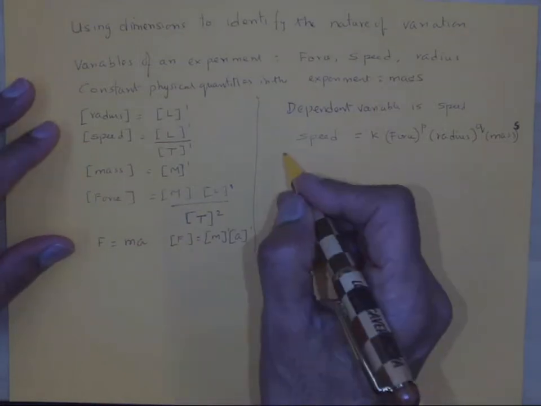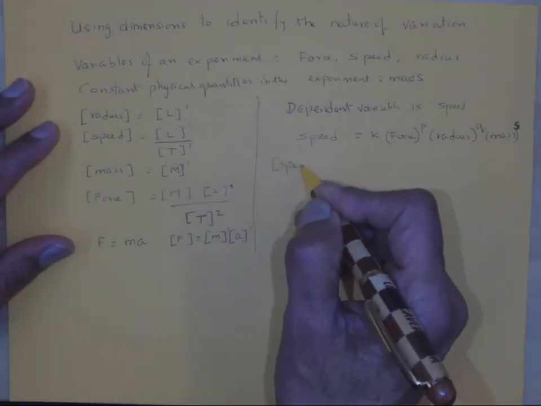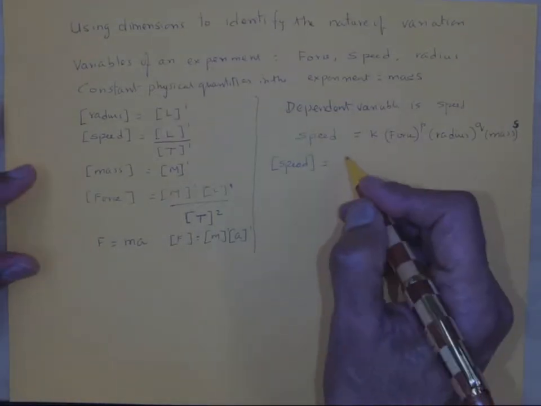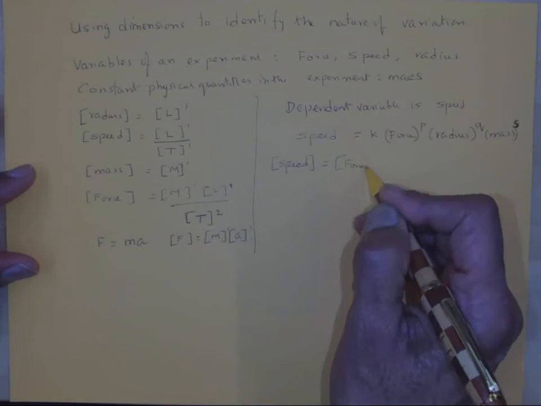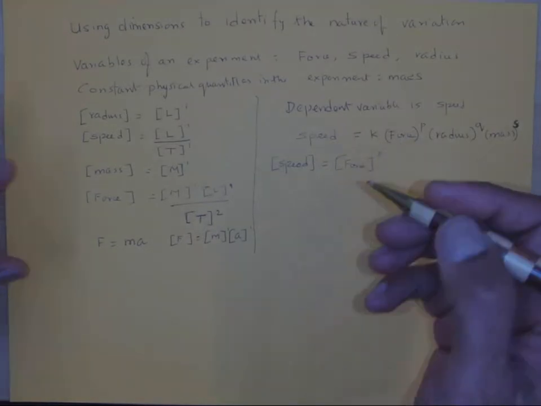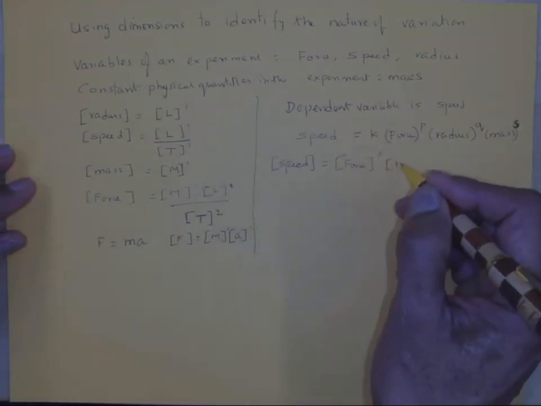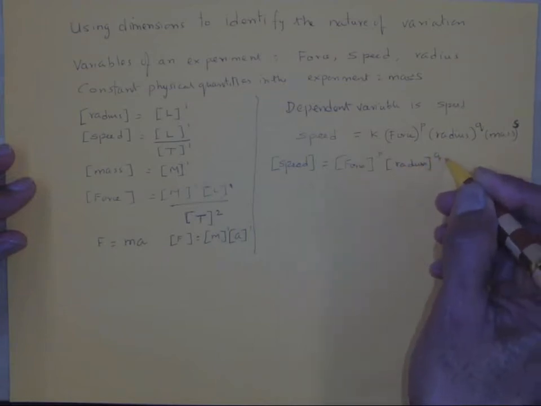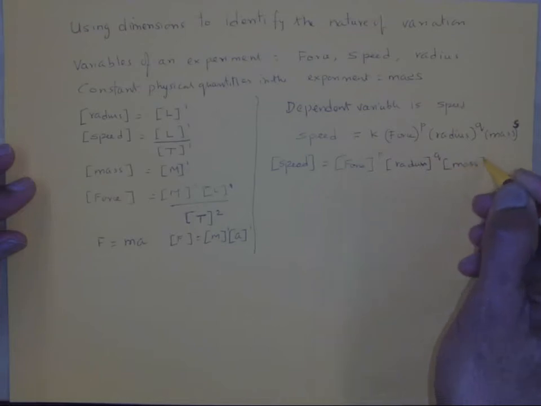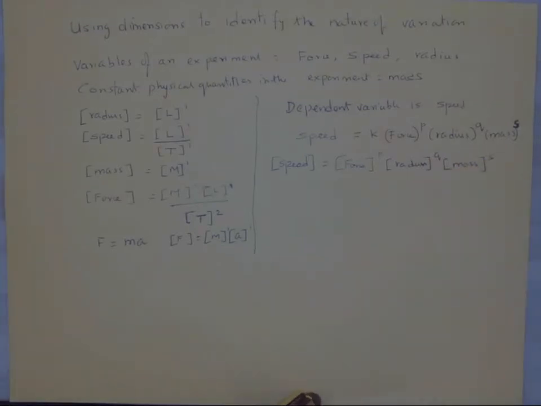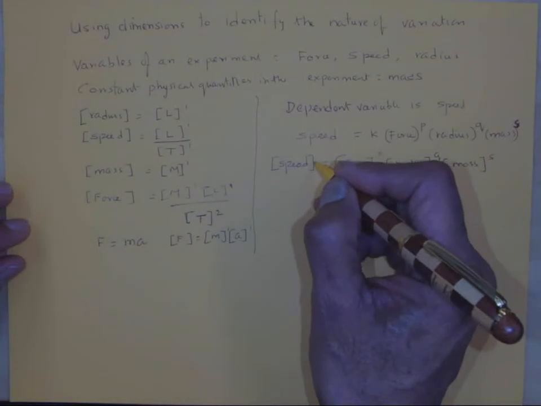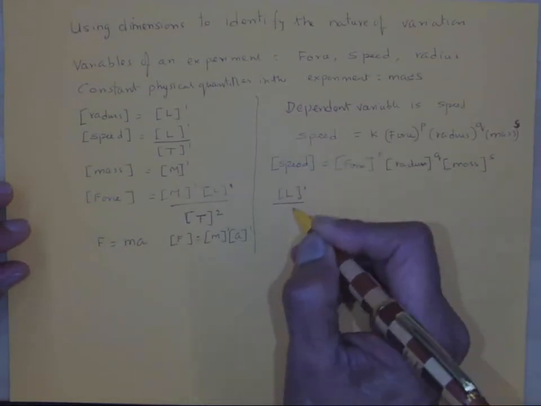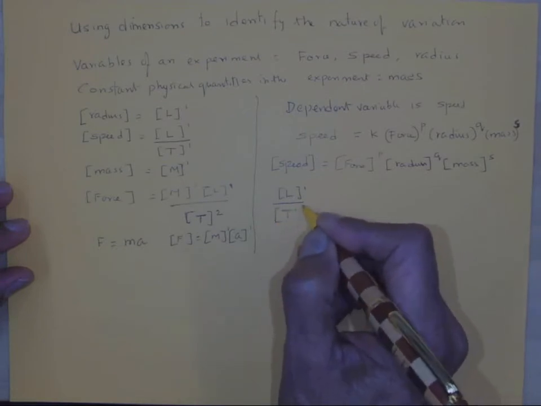That means the dimensionality of speed, and since K does not have a dimension, must be equal to the dimensionality of force raised to P times the dimensionality of radius raised to Q times the dimensionality of mass raised to S. So the dimensionality of speed we know is L raised to 1 divided by T raised to 1.